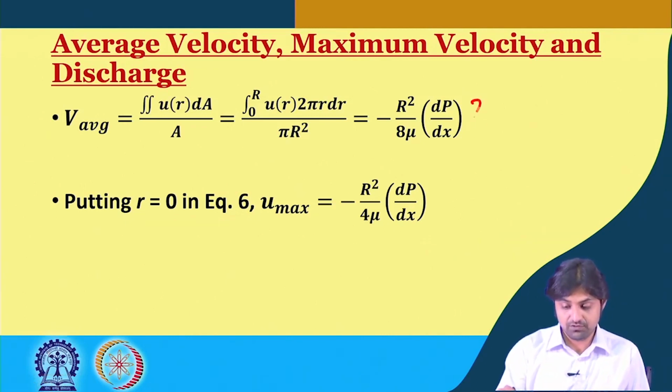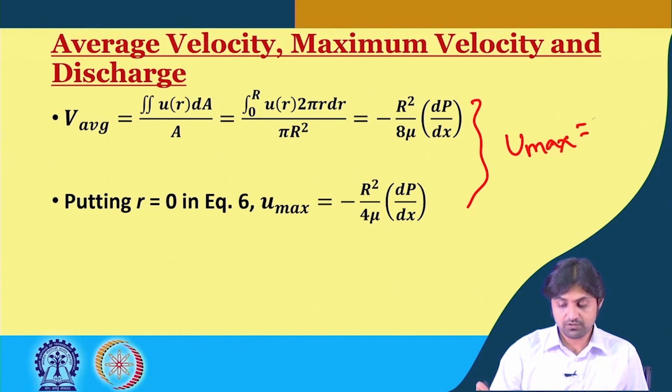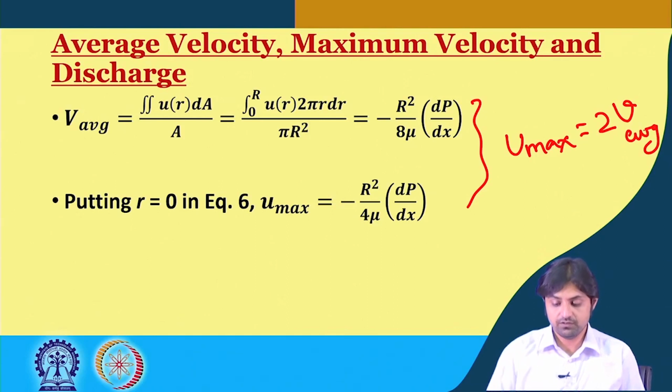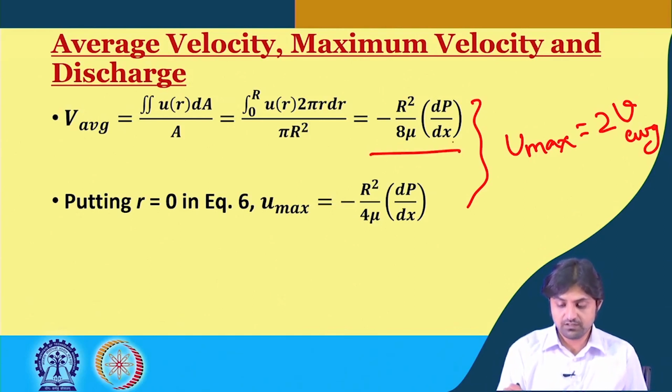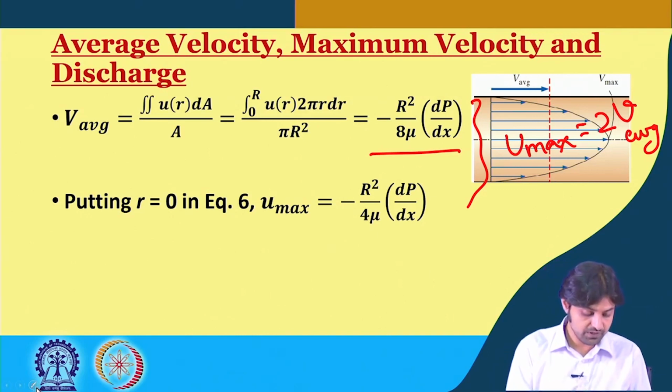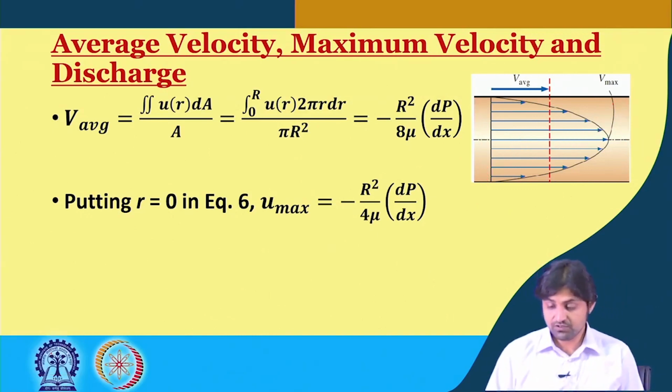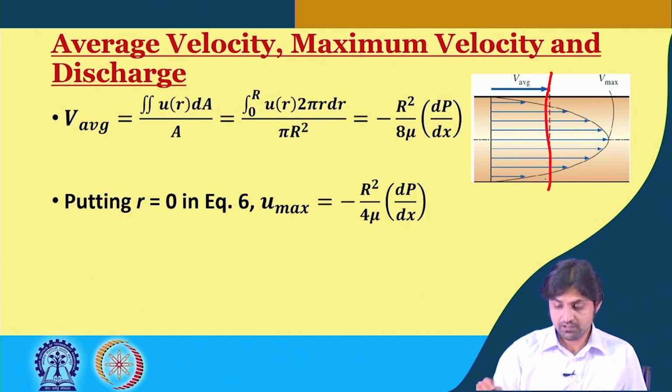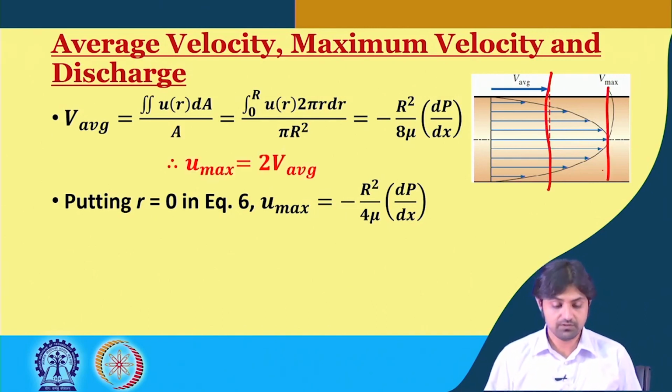And if you see the relation, u max is equal to 2 times u average, right. If you divide this by that, you will get 1 by 2. So this is the V average here, and u max is equal to 2 V average.